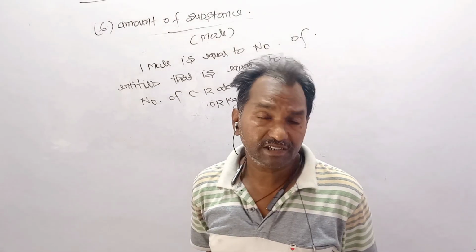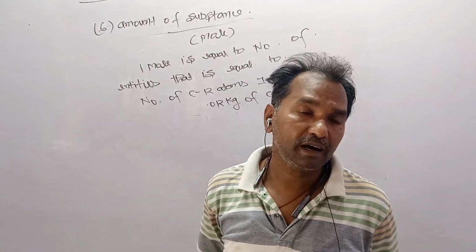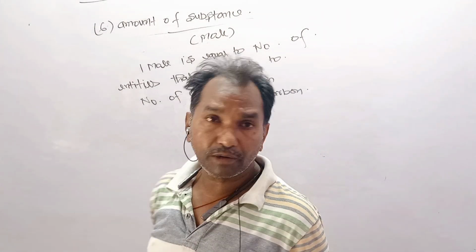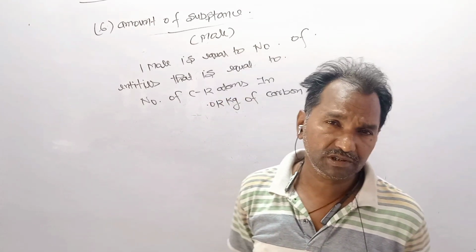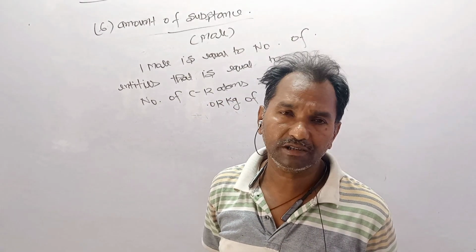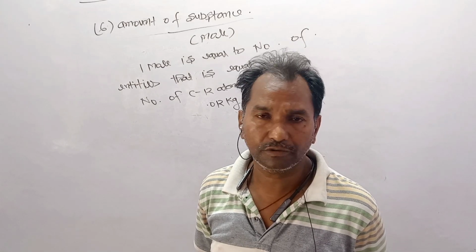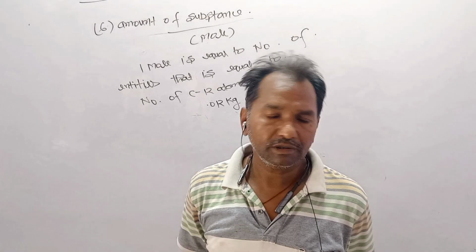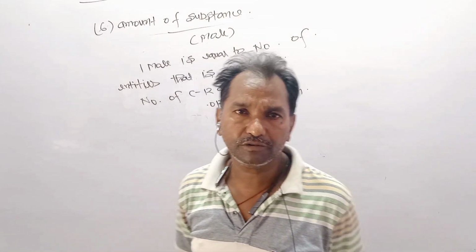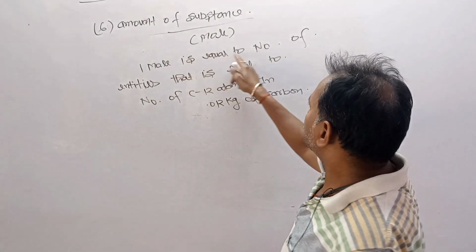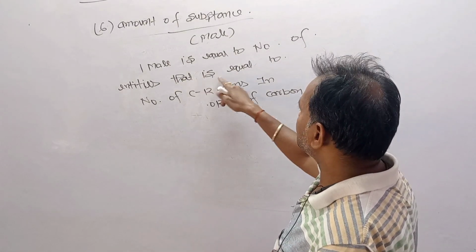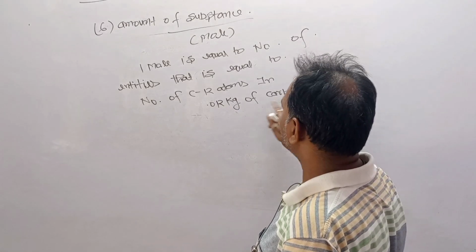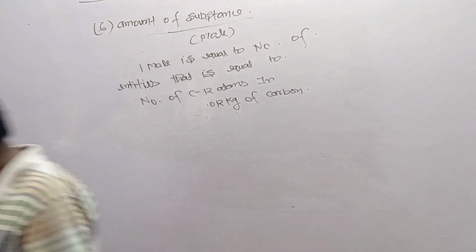Or simply, 1 mole of atoms is equal to Avogadro's number, and you know Avogadro's number is 6.023 into 10 to the power 23. In a similar way, 1 mole of molecules is again equal to Avogadro's number. So 1 mole is equal to the number of entities that is equal to the number of carbon 12 atoms in 0.012 kg of carbon.